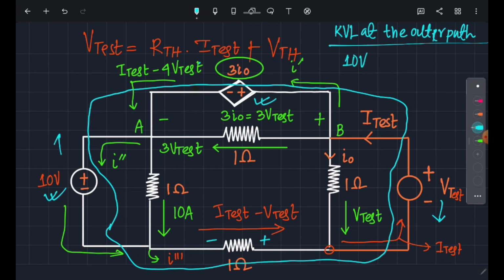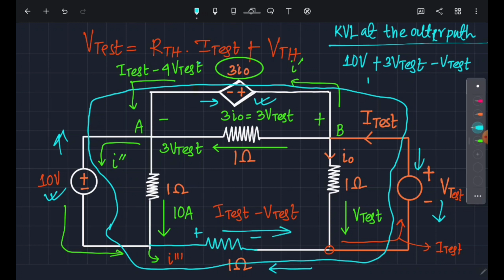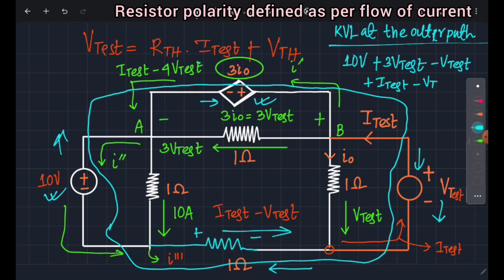If we go like this, then we go like this. So this is plus 3 V test. We know I naught is equal to V test. Then this is a potential drop, so minus V test. Correct. I test minus V test is equal to 0.